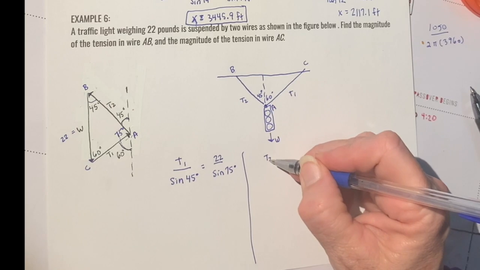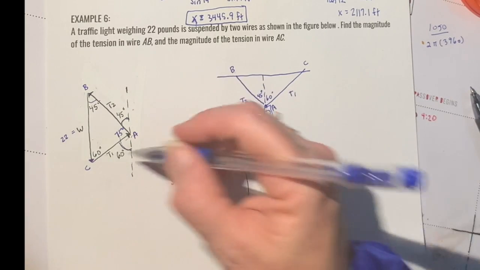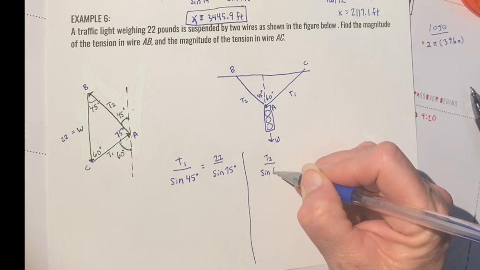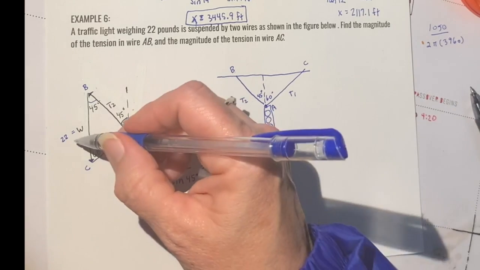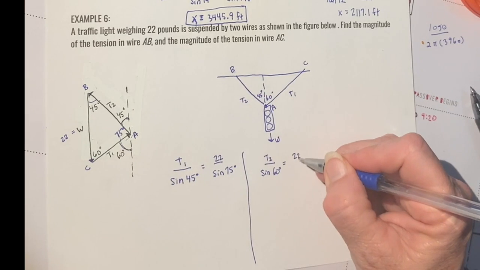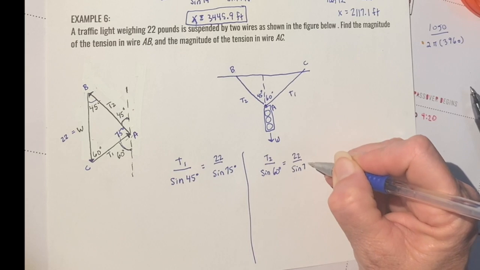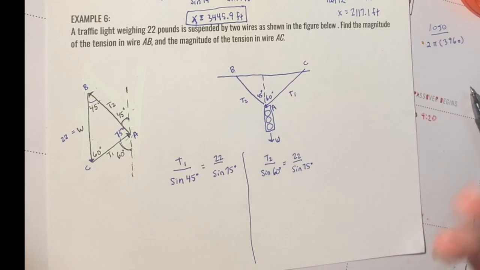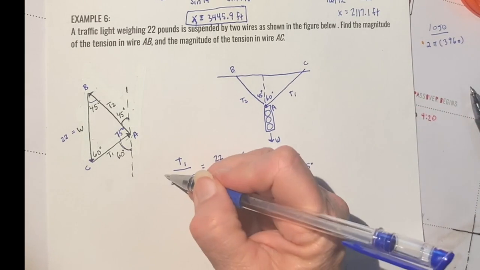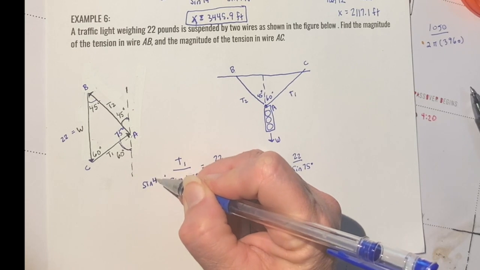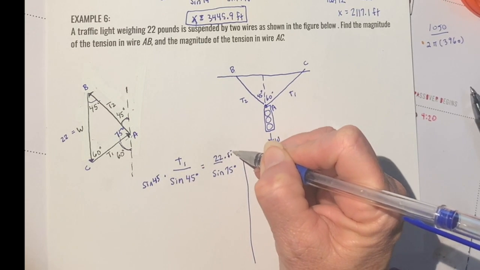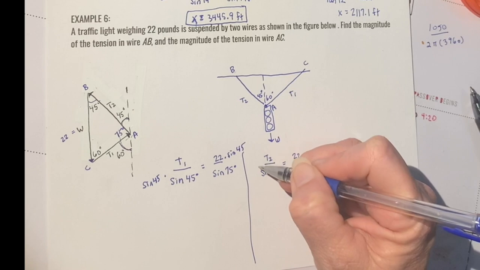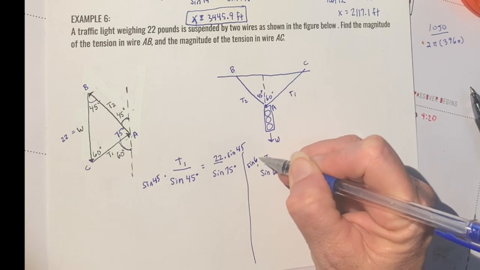I'd say T2 over the sine of angle 60 equals 22 over the sine of 75. And then I just cross multiply and solve both of those. So this one I'll multiply both sides by the sine of 45. And this one I'll multiply both sides by the sine of 60.